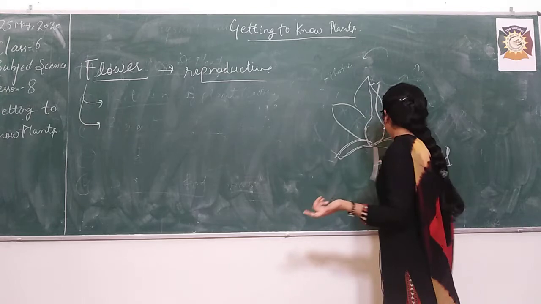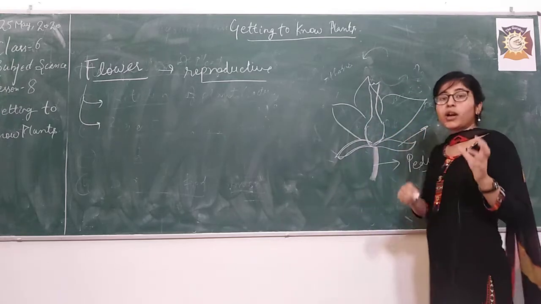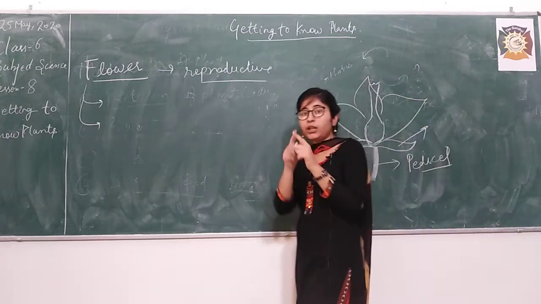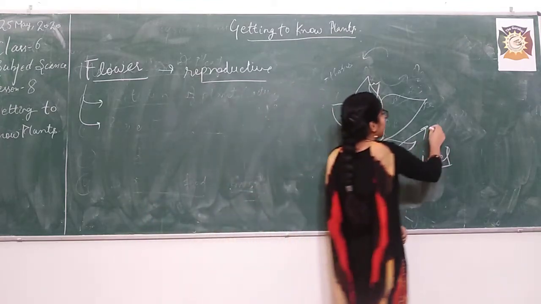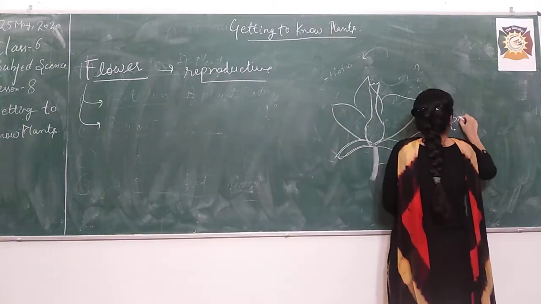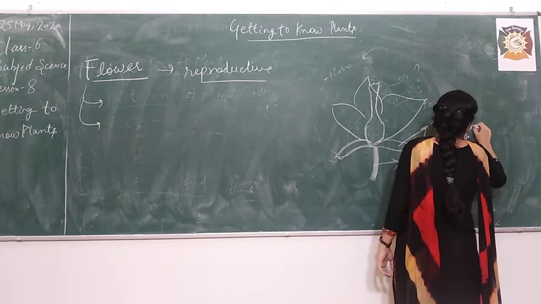Next part, what is it? These leaves. You have seen that a flower has leaves near it, right? These leaf-shaped parts are known as sepals, and these are green in color, right?